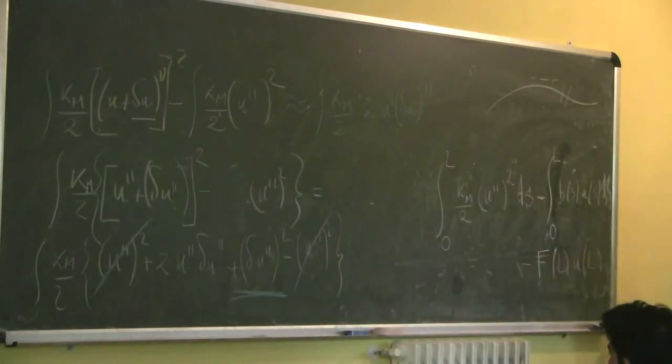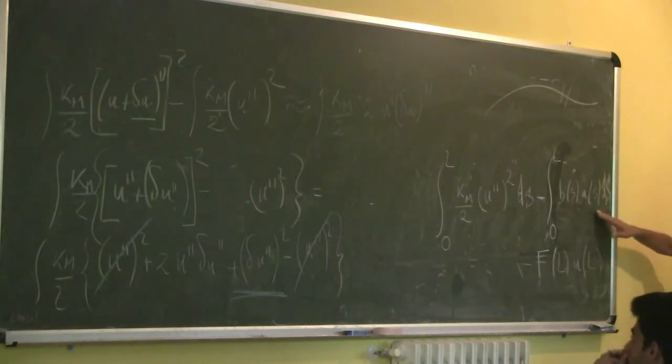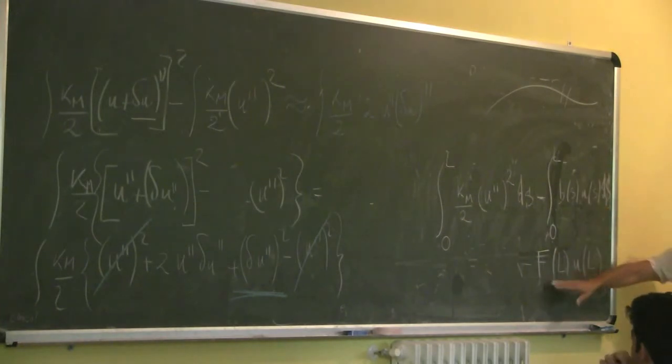Of course, should I calculate the first variation of this? It is useless because this is a linear quantity. So the first variation is the integral of bs delta u, and the variation of this is fl delta ul.